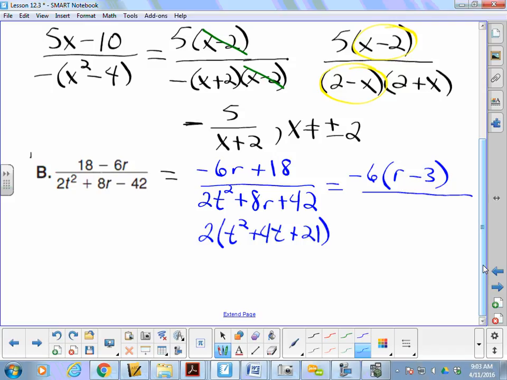Did I miss something somewhere? That should be a negative sign. So plus 4t minus 21. There we go, that's better. So we've got 2 times t plus 7 and t minus 3.